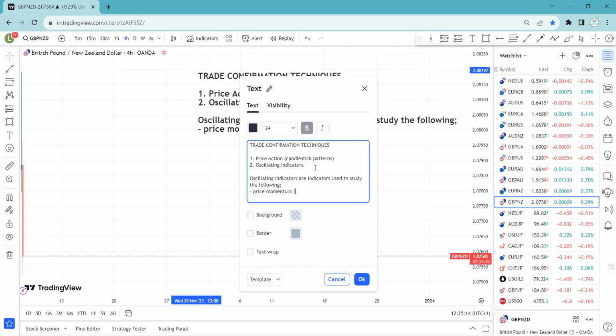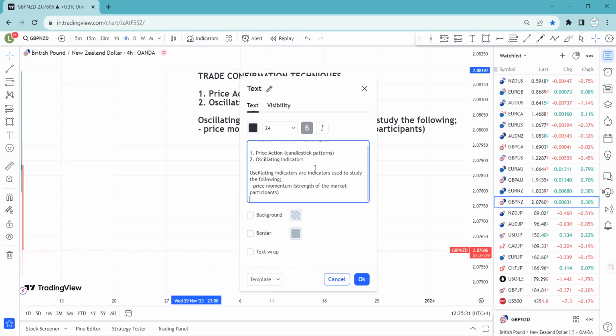And when I say price momentum, I mean strength of the market participants, right? Now, that's number one thing. Number two thing that the oscillating indicators can also be used to study is the direction of price movements.